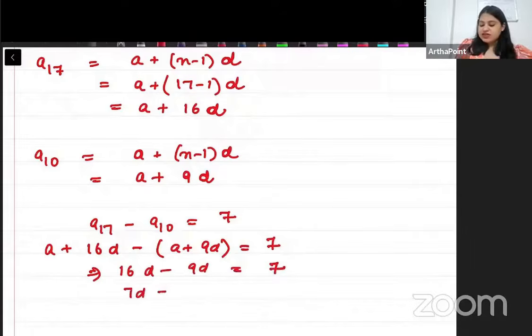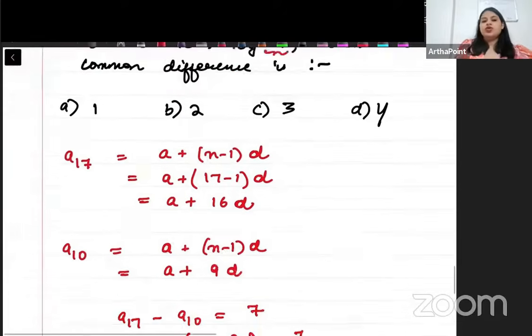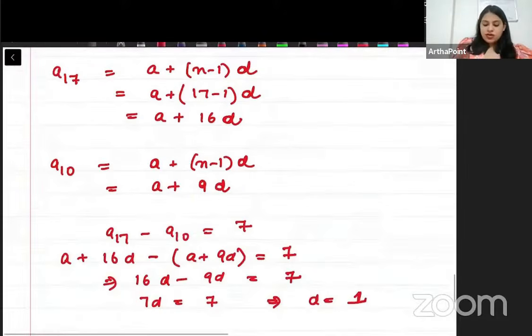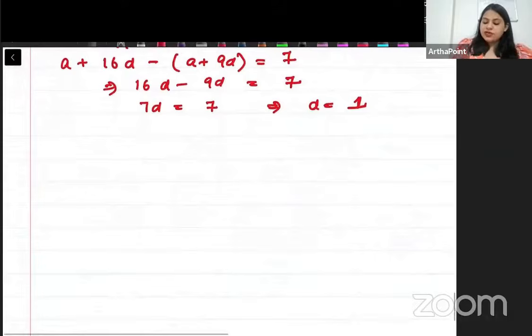So 7d is 7. So d will be 1. So the common difference that you will go ahead and find out is going to be 1. That's the common difference, right?